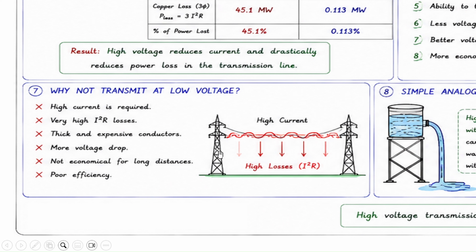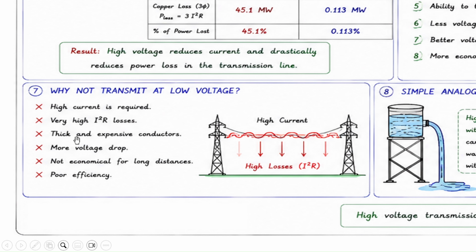So here is another, visual example to see why we should not transmit at low voltage. It basically summarizes the numbers that we've discussed. It will lead to a high current, and a high current will generate high power losses across the conductors that are used in the transmission lines.